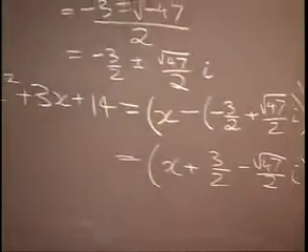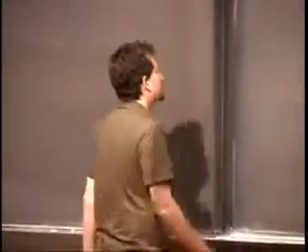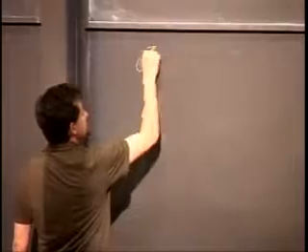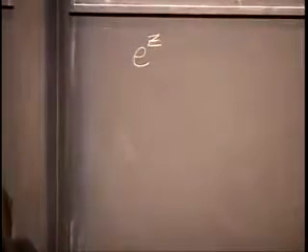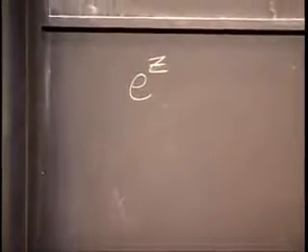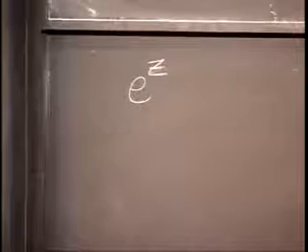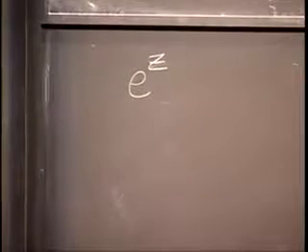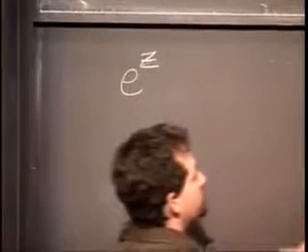Here's something that is a little trickier. We're going to need to define what it means to take e to the z, where z is a complex number. This is sort of weird. e to the x we understand. We have a graph, no problem.